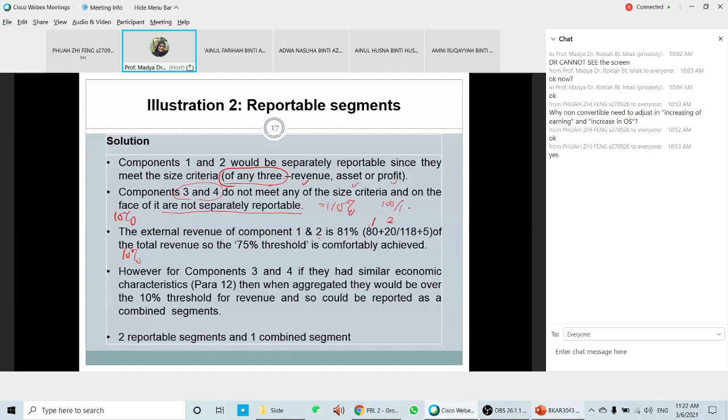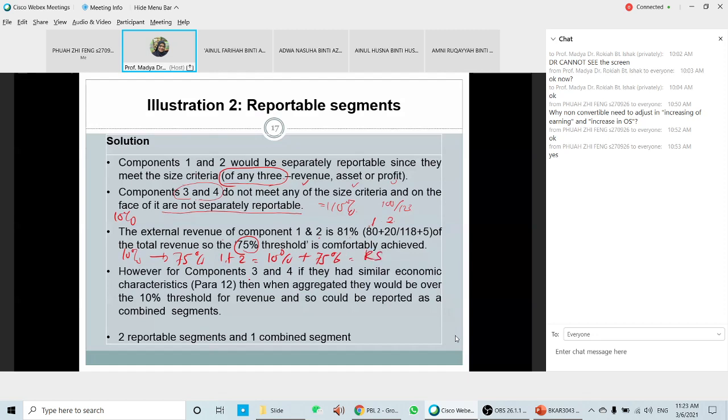So 100 divided by 1, 2, 3 is more than 75%. So you fulfill the 75% criteria. So both 1 and 2 fulfill the criteria of 10% and also the criteria of 75%, so both become reportable segments.